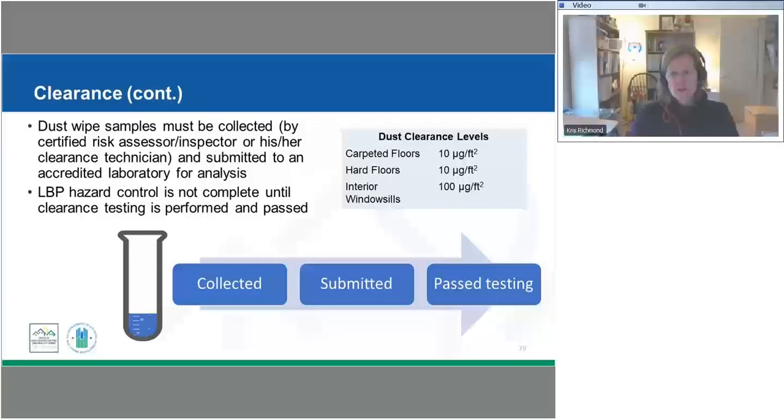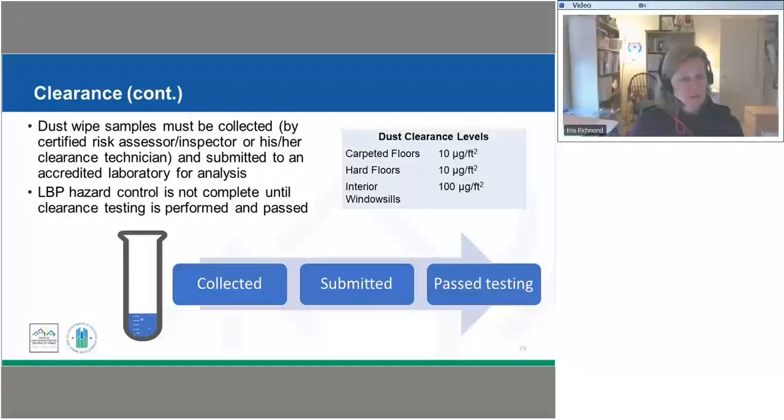Les talked about this yesterday: clearance is done by a certified risk assessor, lead-based paint inspector, or a clearance examiner. So we would have copies of the clearance report and copies of the notice of lead hazard reduction activities that was done as well.